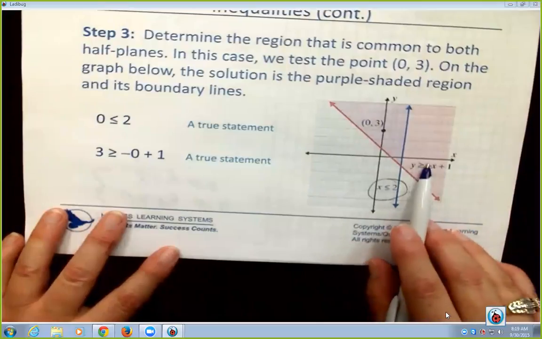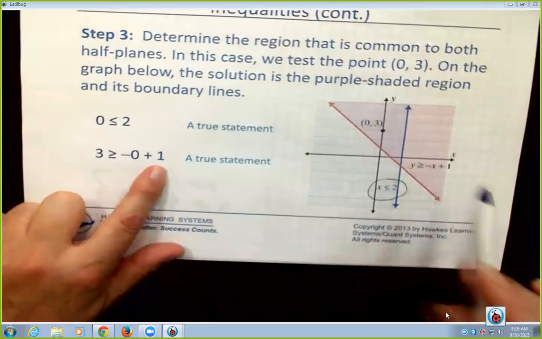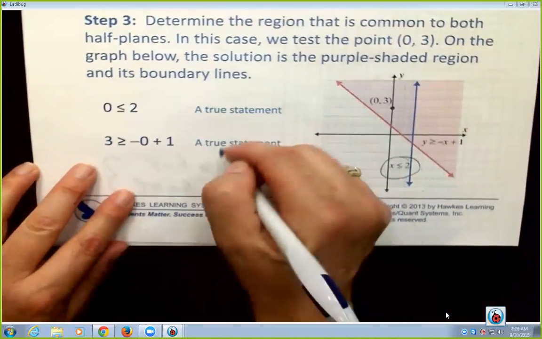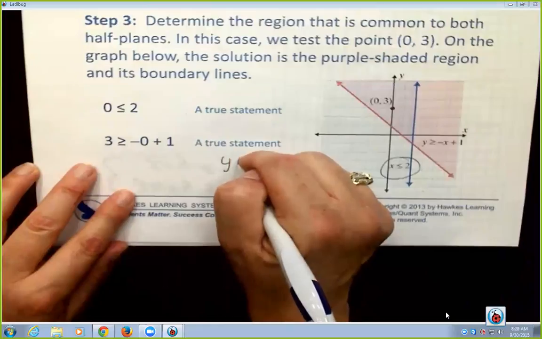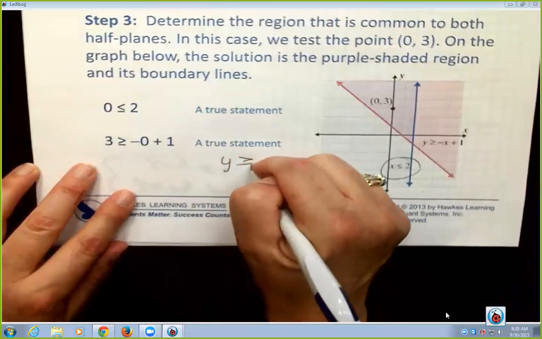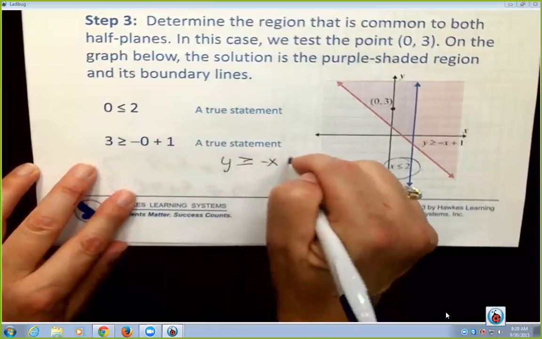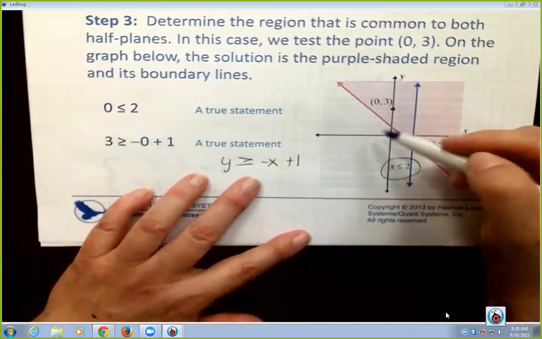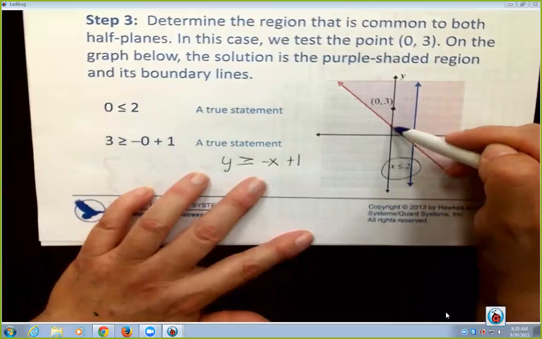This line, in this case, I'm going to graph using slope-intercept, and this graph happened to have been y is greater than or equal to negative x plus 1. If I graph the red line, I'm going to go up at 1.